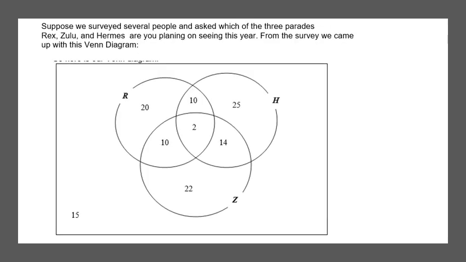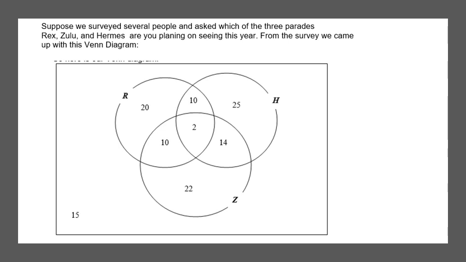So in the example that's following, we're going to have a Venn diagram. We took a survey and several people were asked, which of the 3 parades, Rex, Zulu, and Hermes, are you planning on seeing this year? From the survey, we came up with this Venn diagram. So, again, we took a group of people and we labeled them.